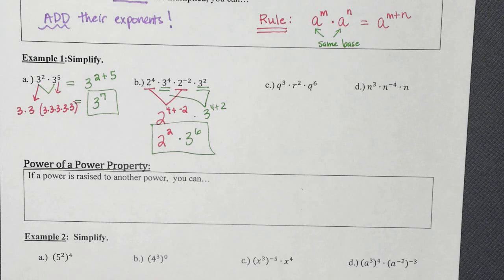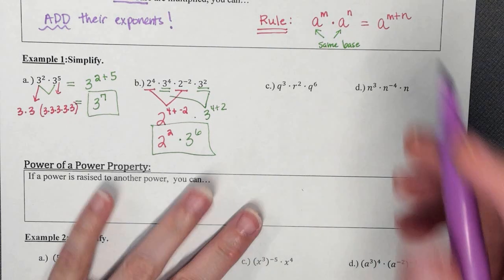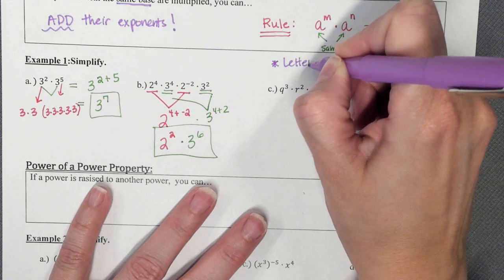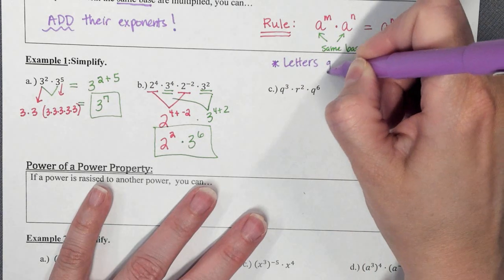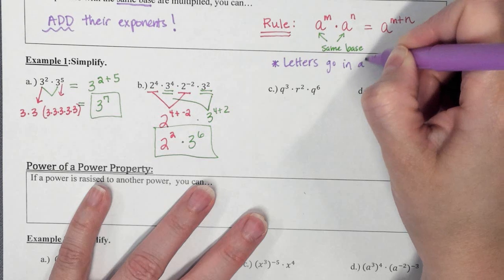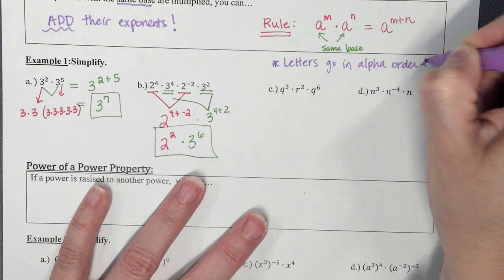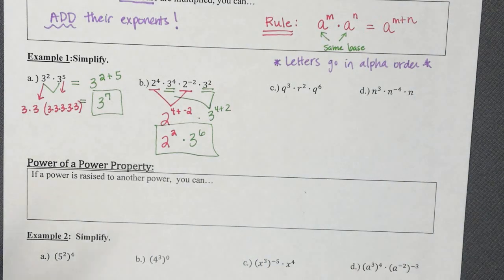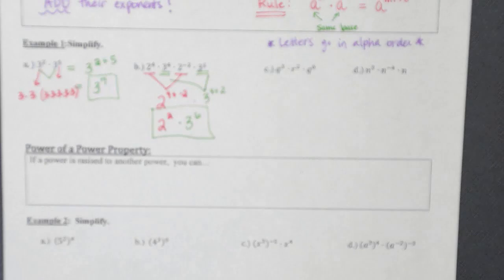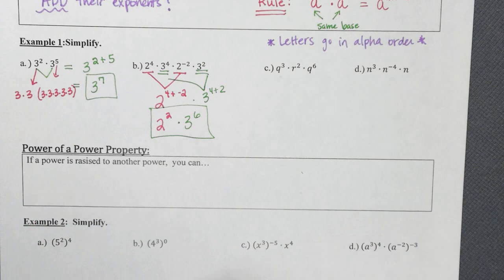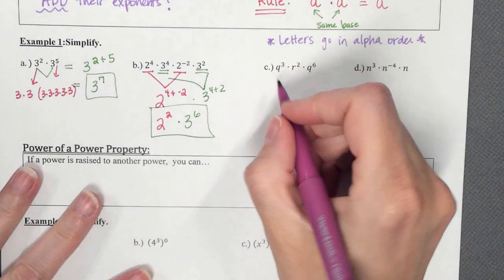So when you are dealing with the letters and you're writing them out, the rule is that the letters go in alphabetical order. Okay, so if you have Q and R, the Q is going to go first. Alright, so then for this one, if you look at the Q's, Reagan, what'd you get for that?